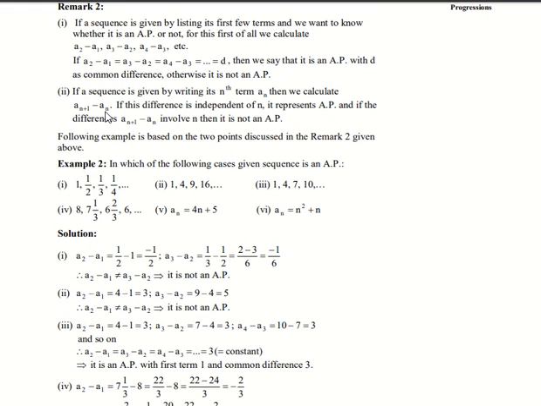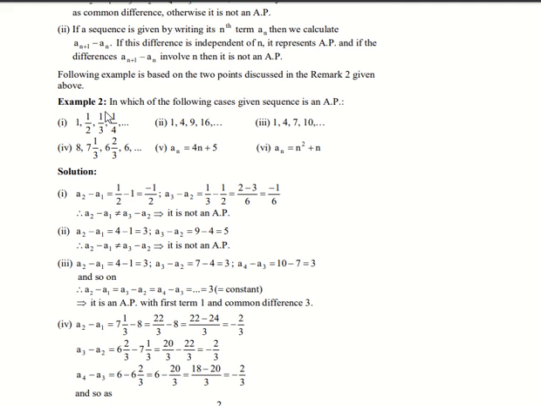Alright, and we'll quickly jump on to the questions. So 1 by 2, 1 by 3, 1 by 4. So a2 minus a1, half minus 1, is minus 1 by 2. Then a3 minus a2 is minus 1 by 6. So you have to basically check if it is an AP or not, since the difference has to be the same.